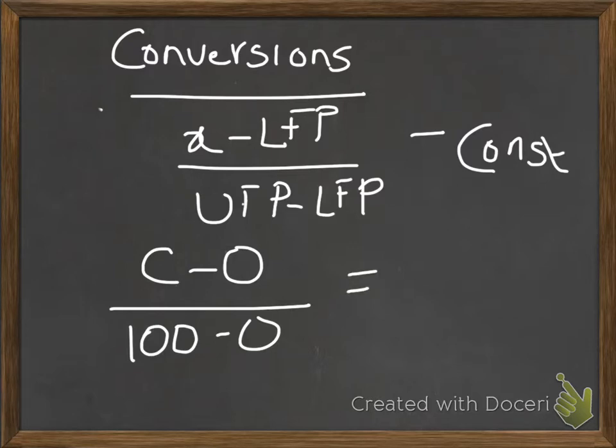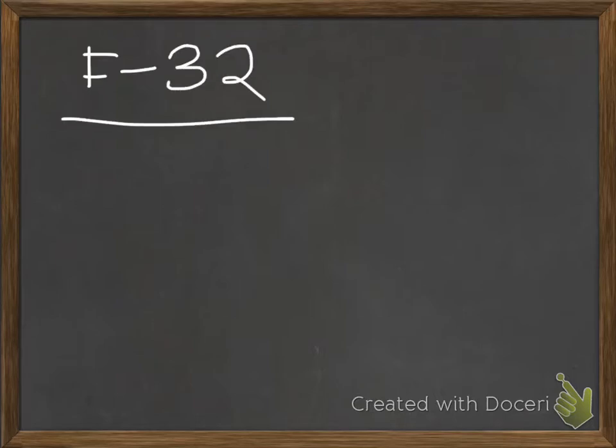So we'll get C by 100. In a similar way, for Fahrenheit, we will get F minus 32, the lower fixed point, by 212 minus 32, which is nothing but 180.